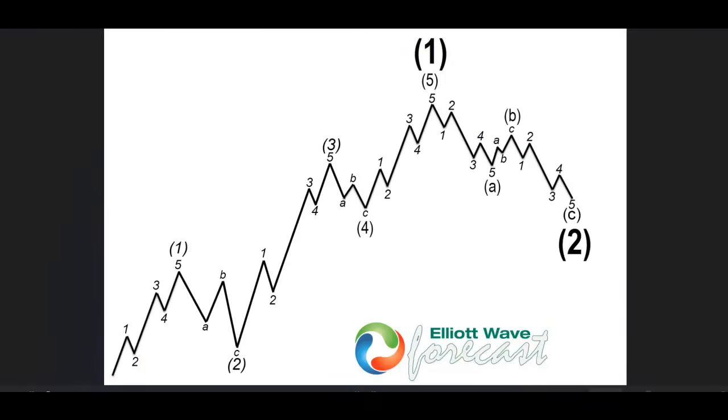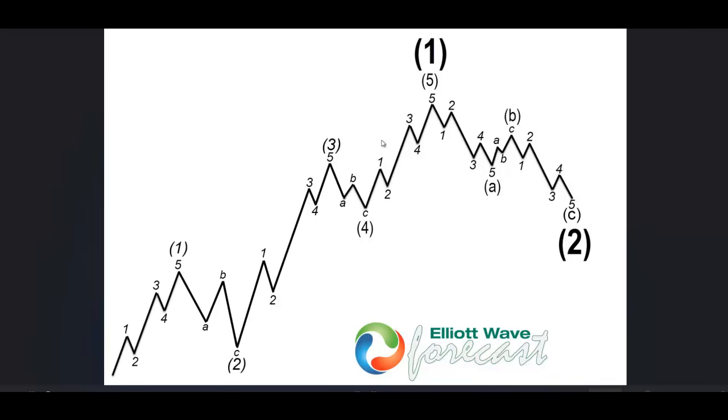So before jumping into the DAX, this is how a 5-wave advance looks in the market. A 5-wave is something like 1, 2, 3, 4, 5. It makes 1 with parentheses. Then 2, and 1, 2, 3, 4, 5 makes 3 with parentheses.